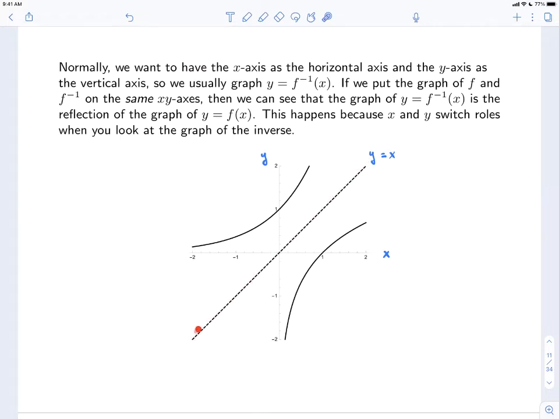So y = x is our mirror. And the graph of the original function, which you can see here, this is y = f(x). If you reflect it through the line y = x, you get the graph y = f inverse of x, like so. You reflect it through the line y = x because you're changing the roles of y and x. So the things that were y are now x's, and the things that were x's are now y's.